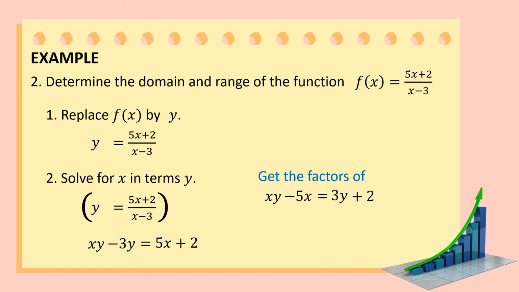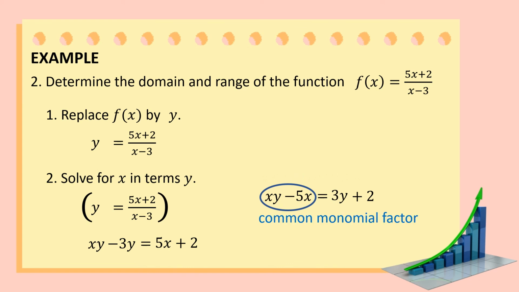We now get the factors of xy minus 5x. We can use the common monomial factor. We factor out x because it is the common monomial factor of xy and negative 5x. And the other factor is the difference of y and 5. Then copying, equals 3y plus 2.